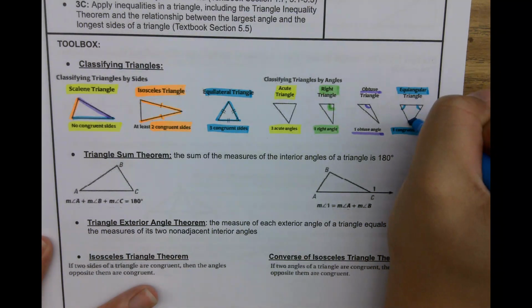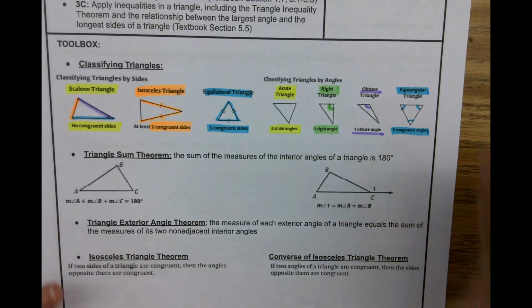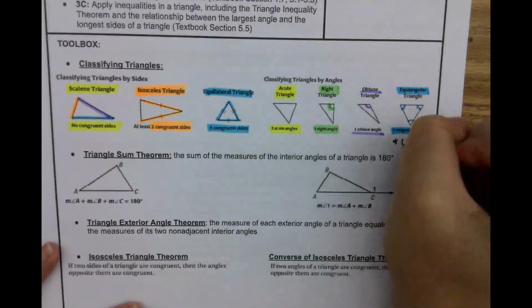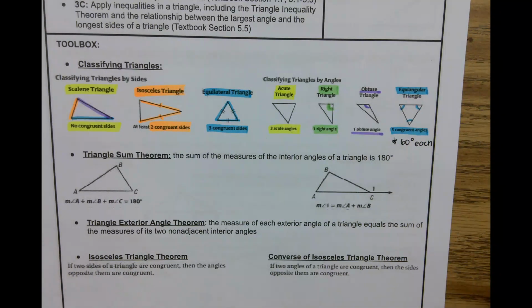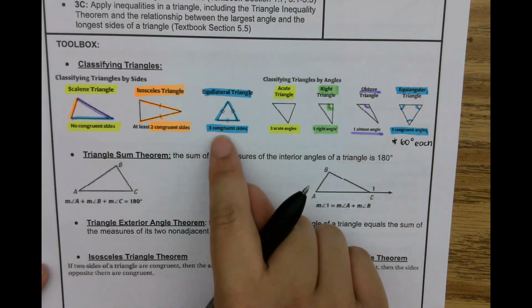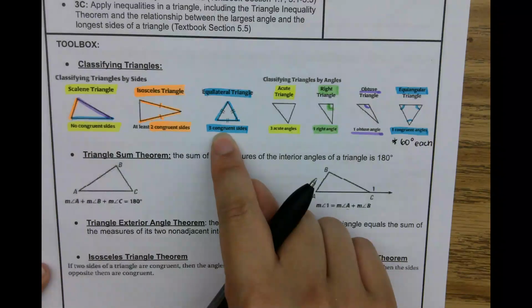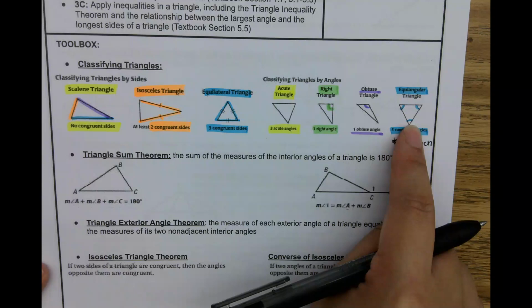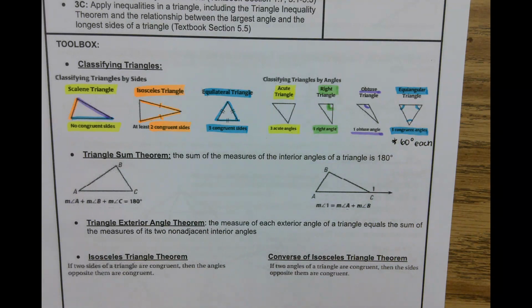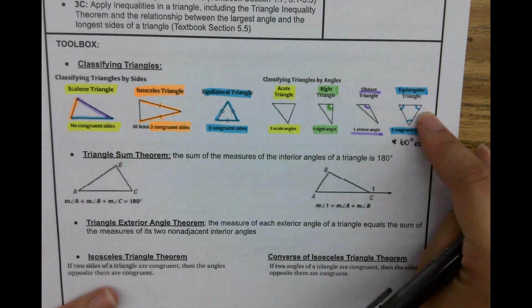In this case, all of the angles are 60 degrees. And we'll see that later, but all equilateral triangles are considered equiangular, and all equiangular triangles are equilateral. An equiangular triangle is a special type of acute triangle.